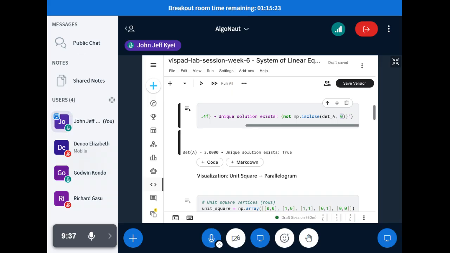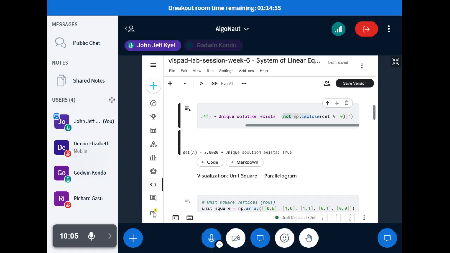But we want to check if the value is not close to zero, because the unique solution exists when the value of the determinant is not zero, right? That's why we have this, it's just the inverse of it. So if the value is not close to zero, then the unique solution exists, and that's what we have over here.